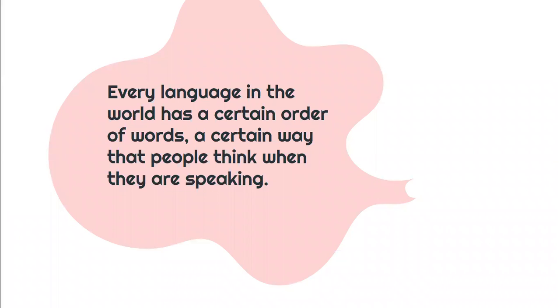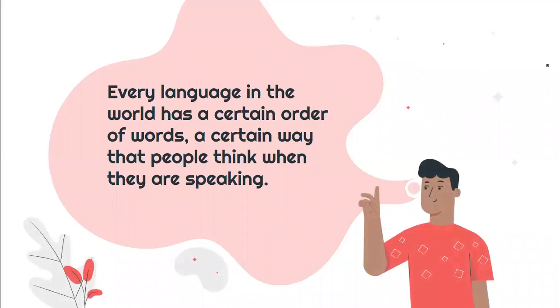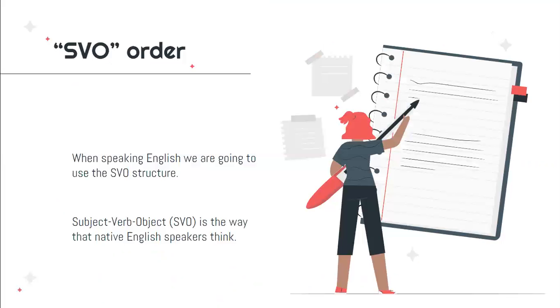But first, this is an important thing to know: every language in the world has a certain order of words, a certain way that people think when they are speaking. So, SVO order. When speaking English, we are going to use this structure. What is this structure? This structure is subject, verb, object.